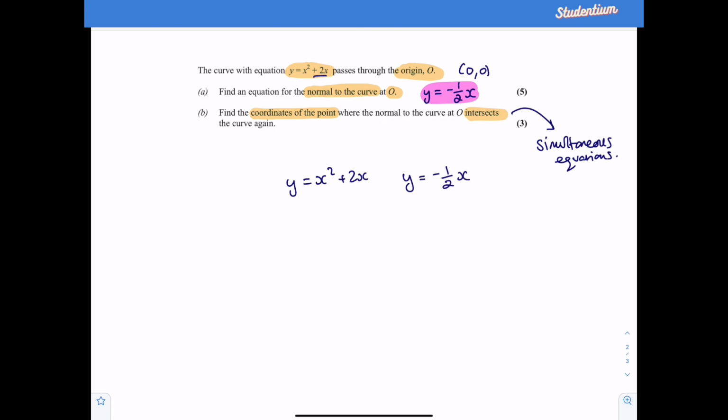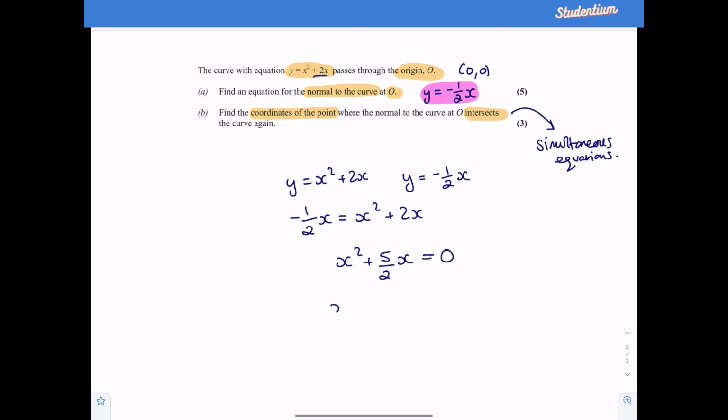So if I put those together, instead of y, I write minus a half x, and it's equal to x squared plus 2x. I can now rearrange this to solve it. Getting all the x's onto one side, I get x squared plus 5 over 2 x equals 0, because I've just added a half x to both sides.